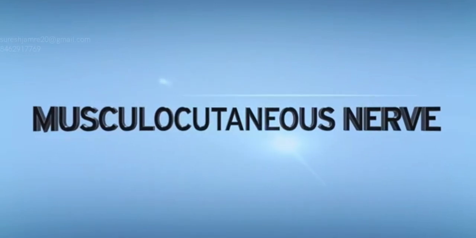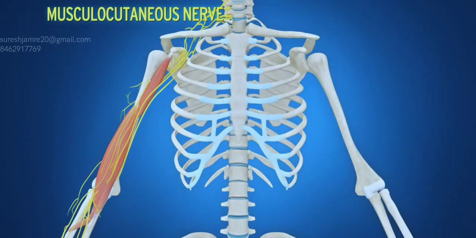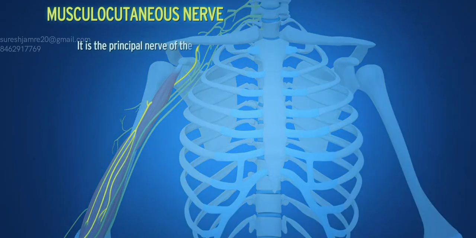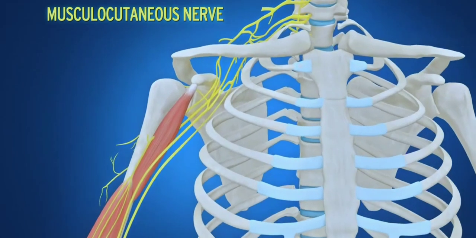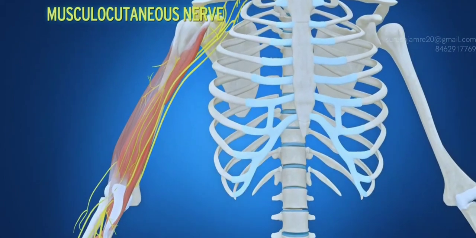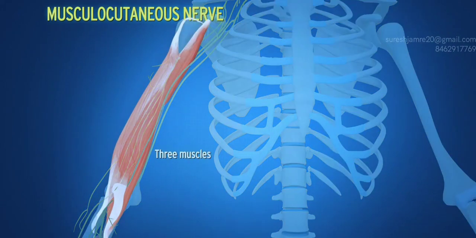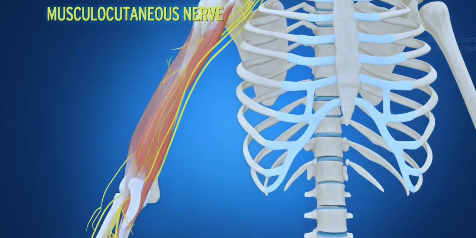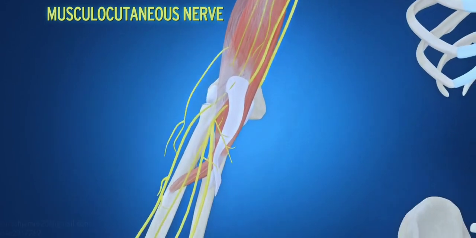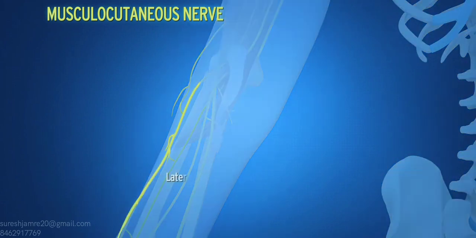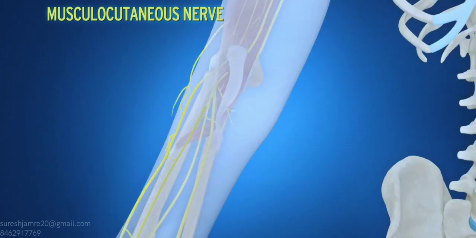Musculocutaneous nerve. It is the principal nerve of the anterior compartment of arm. It supplies all the three muscles of the front of arm and continues as lateral cutaneous nerve of the forearm below the elbow joint.